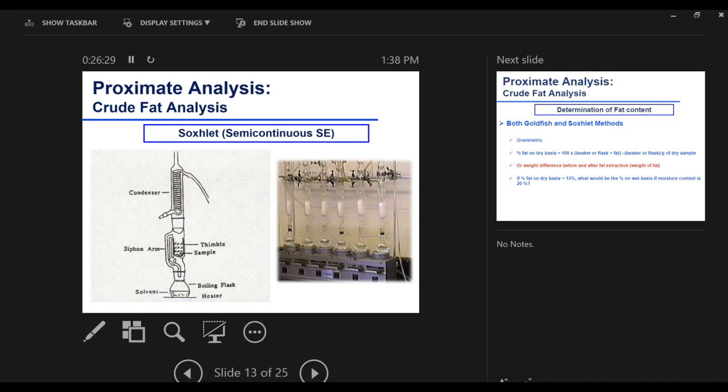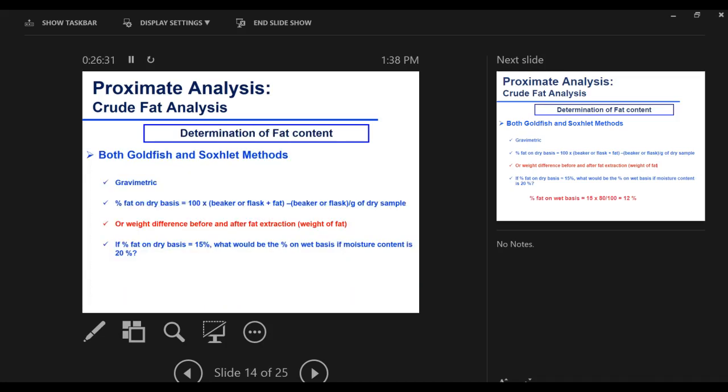Okay, one last thing, we have a minute. Both are gravimetric methods, which means we weigh the sample. We take measurements before the fat extraction and after fat extraction. If we're doing cheese, for example, the percent fat would be on dry basis.